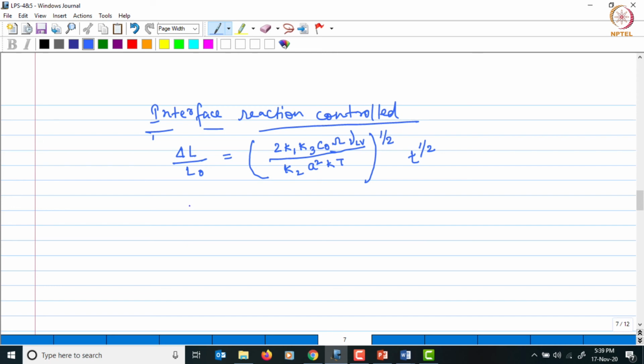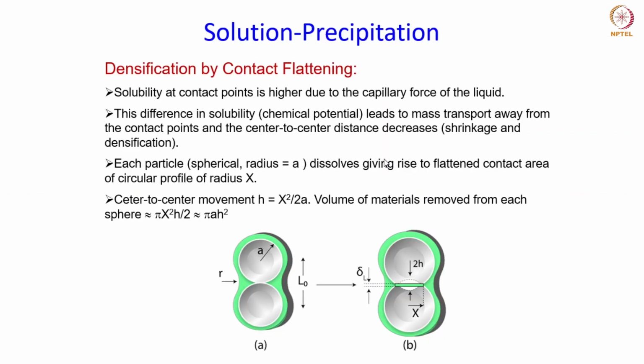Where K3 is the reaction rate constant for the interface reaction. So here you can see that shrinkage scales with square root of time, unlike the previous case when it was proportional to 1/3 power of time. Okay, so that was the contact flattening mechanism of densification during the solution precipitation stage of liquid phase sintering.